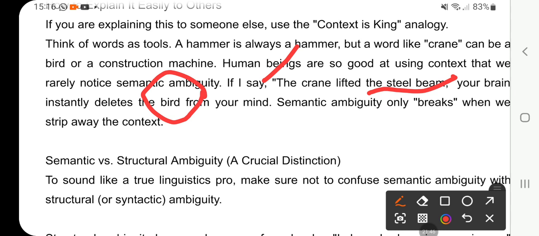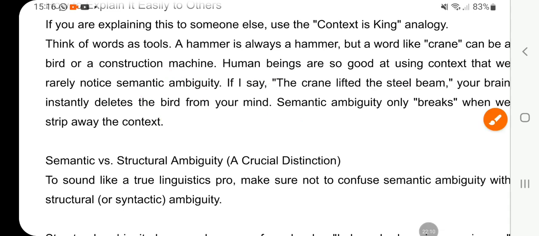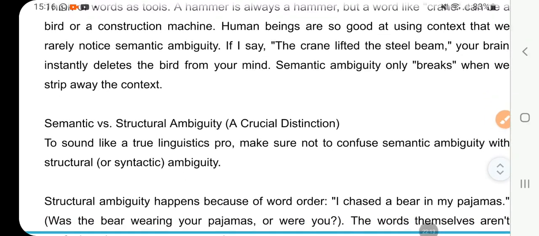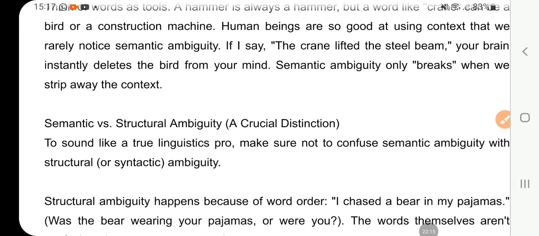So your mind is clear that construction is going on, a building is being made or something, right? So semantic ambiguity only breaks when you strip away the context. When context is clear, then the solution is there, no confusion. In this sentence, the crane lifted the steel beam, the context is clear: steel beam, crane is used for steel beam, meaning some construction is going on.